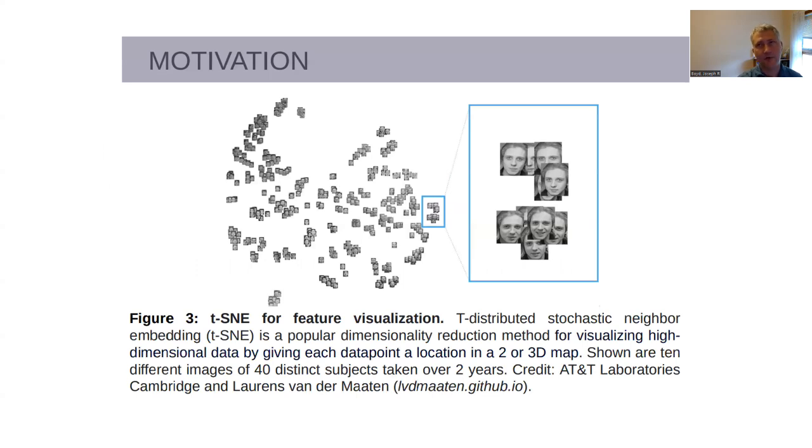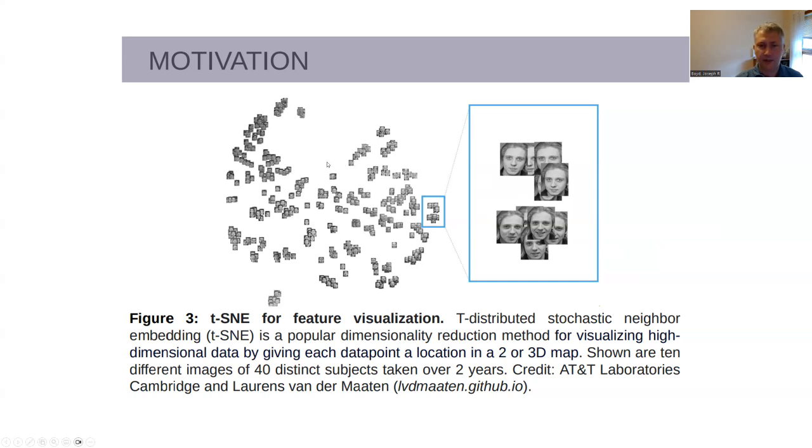I was initially motivated to try to use tSNE in this way by a talk that I saw by Laurens van der Maaten at a previous ISCB meeting. This was one of the images presented in that talk. What this is, is 40 individuals' faces in 10 different photos of each, I believe.